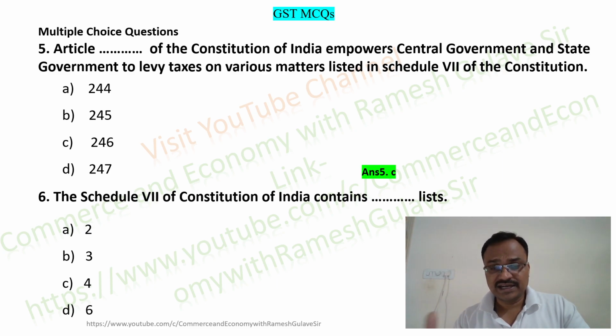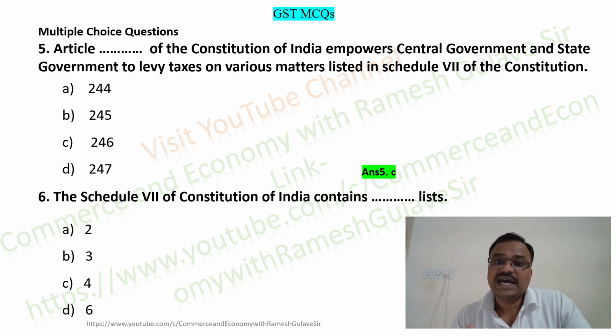This list contains the matters or the items on which both central government as well as state government can make the laws. Okay, here I would like to mention one point which is there in the concurrent list, that is education.